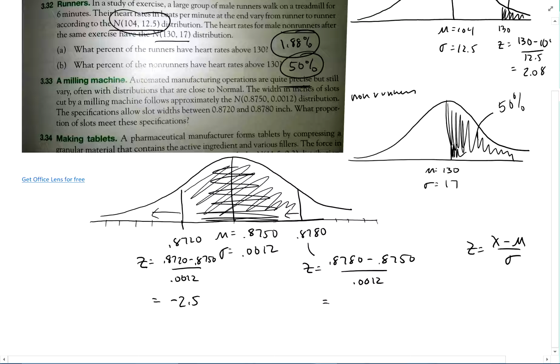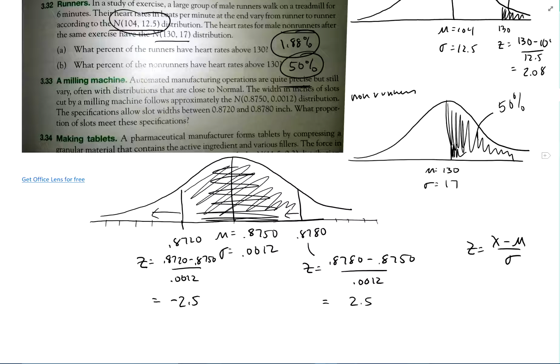And then on this side, 0.8780 minus 0.8750 divided by 0.0012. And if you notice the symmetry, you're going to realize it's 2.5 each way. So I'm going to look up 2.5 and see what this area is to the left.